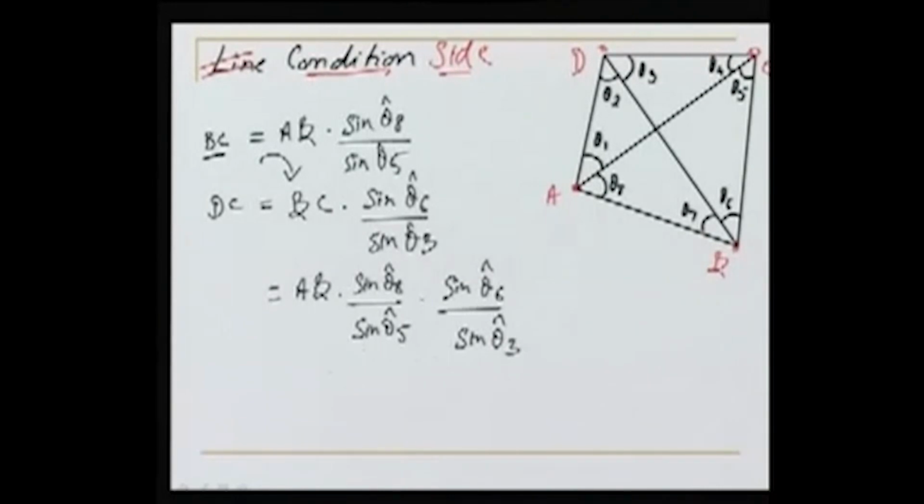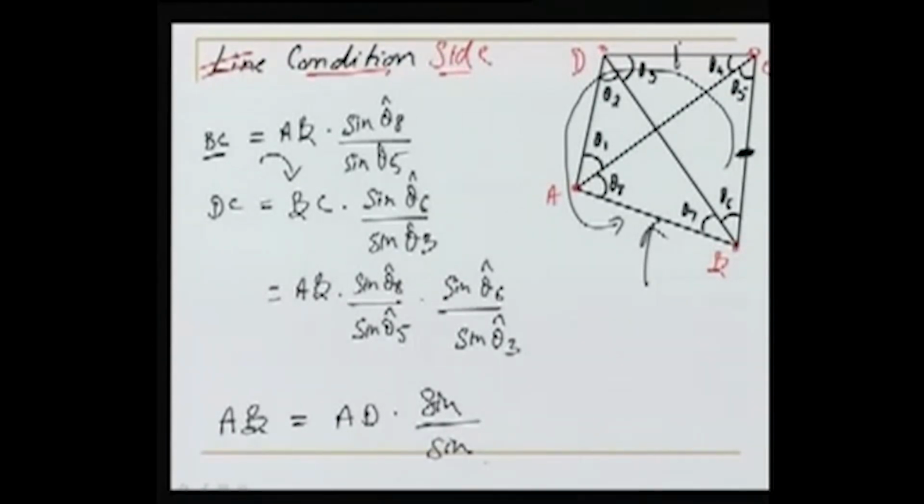If we continue this process, right now we started by writing BC in terms of AB, then we wrote DC in terms of BC and replaced this BC by AB. And then if we continue doing it and finally we reach again at AB, so we can write AB again in terms of AD and sine of the respective angles.